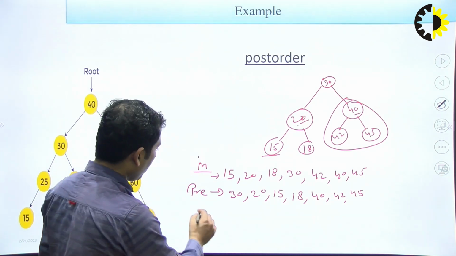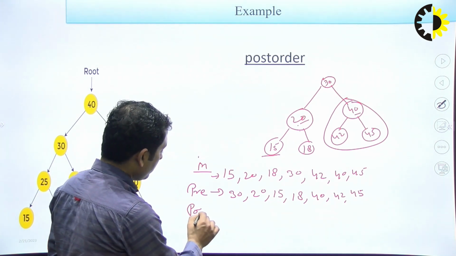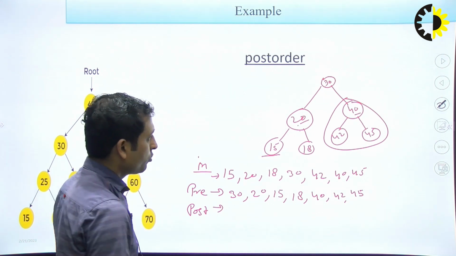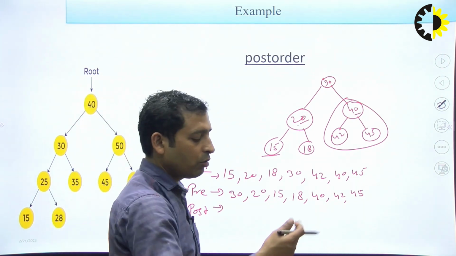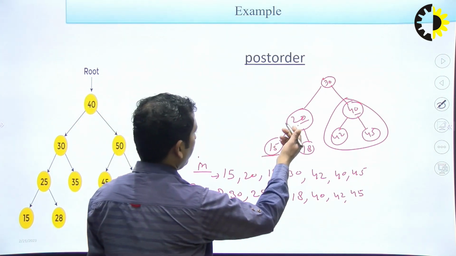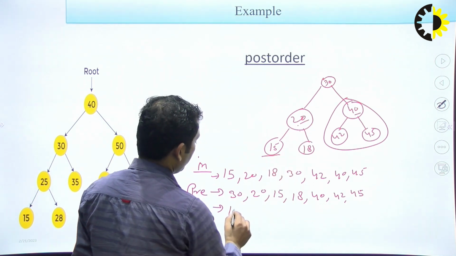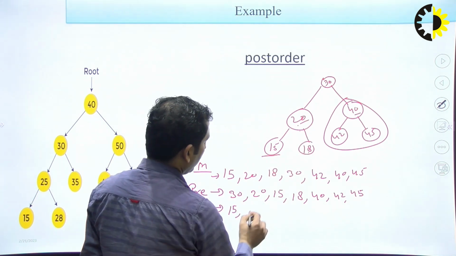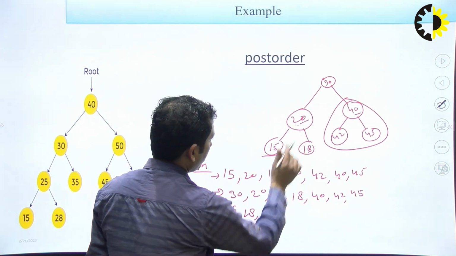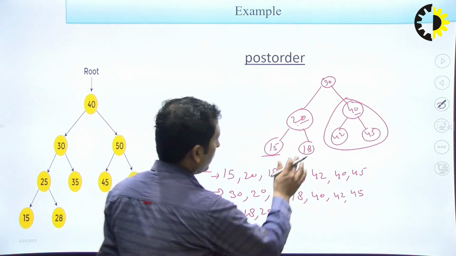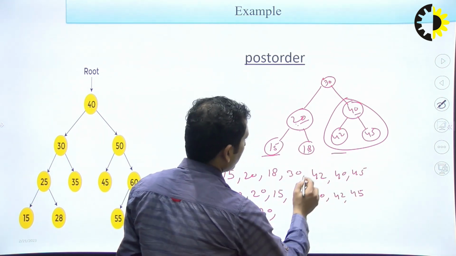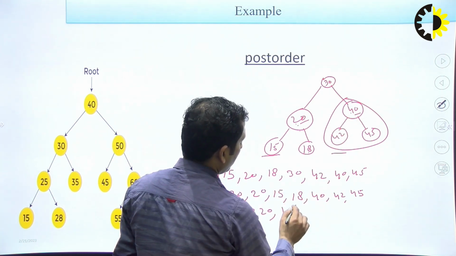Okay, now post order. In the post order visit the root node at the last: first visit the left, then again left, this is 15, then right, that is 18, then the root for this one, that is 20, then the right portion, that is 40.